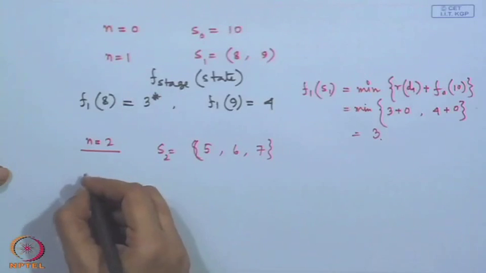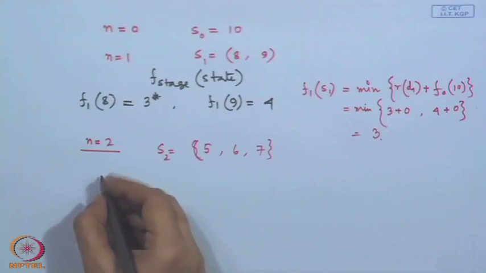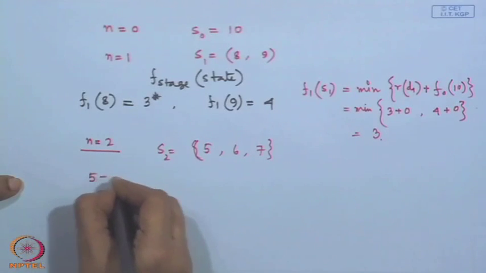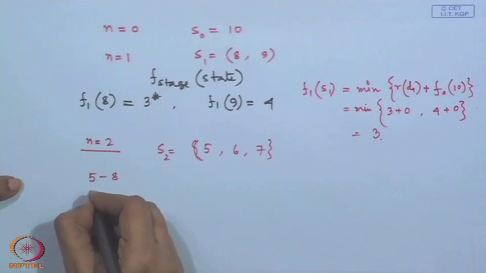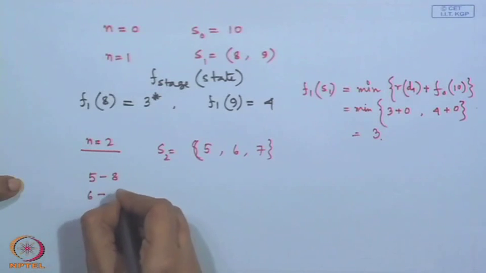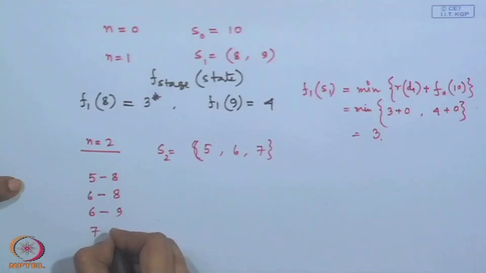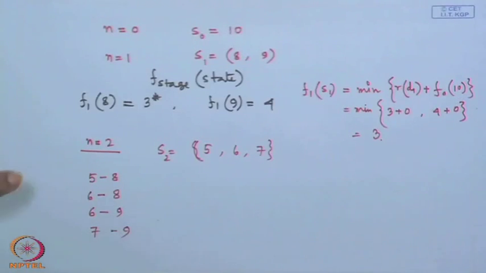Here let us see how many alternatives we are having. We are having 4 alternatives: 5 to 8, 6 to 8, 6 to 9, 7 to 9. Alright.